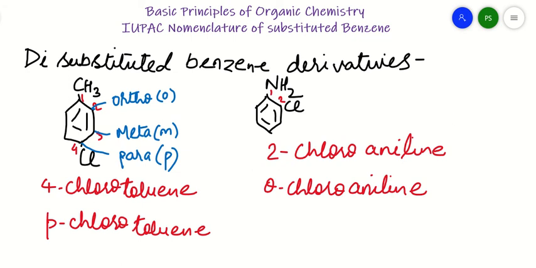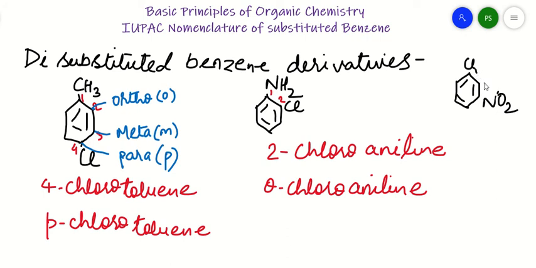Now let's take one more example, where chloro and nitro are both present. Let's write it carefully. If you see carefully, we can start numbering alphabetically.